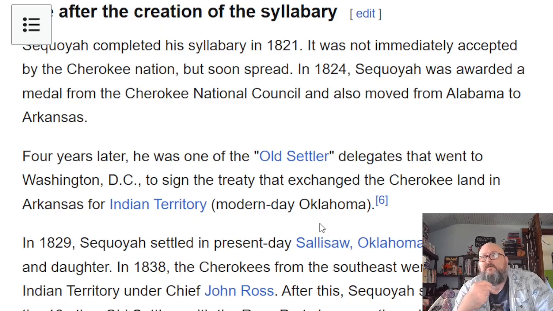Which, if you know anything about Oklahoma, there was a court case a few years ago that said the Native Americans still had rights to almost half of Oklahoma, due to treaties signed, because there were some people that tried to force certain people out to develop this or that.